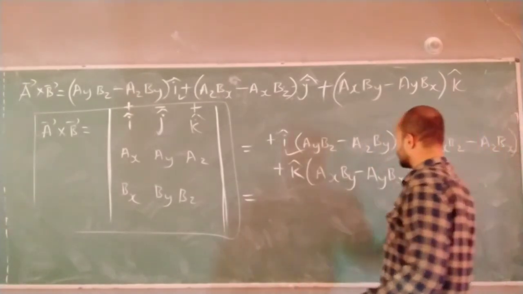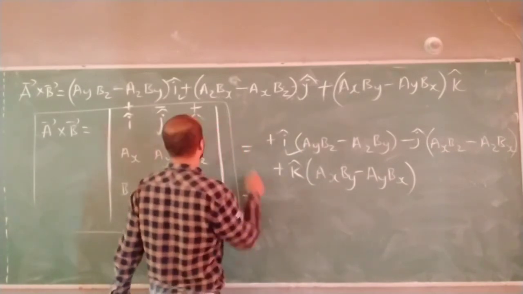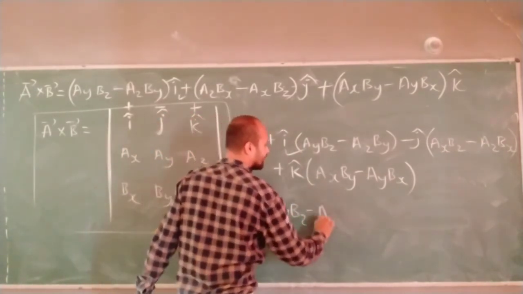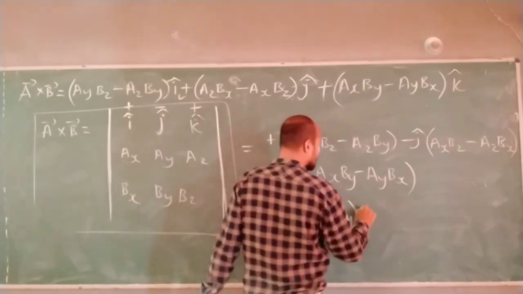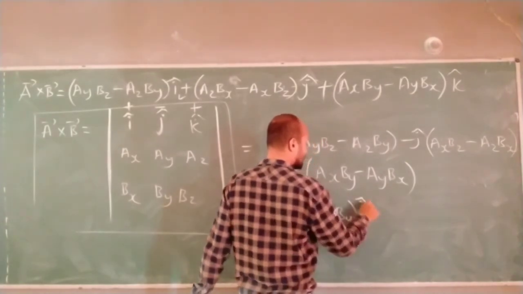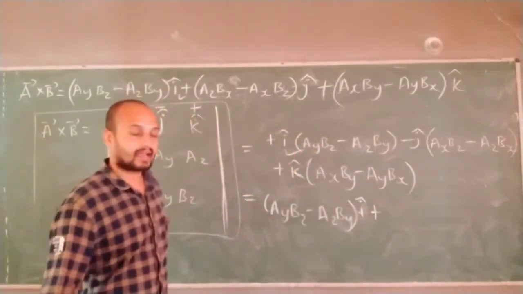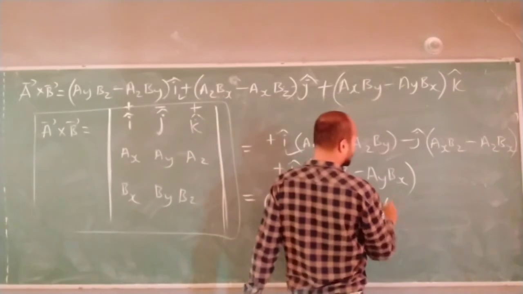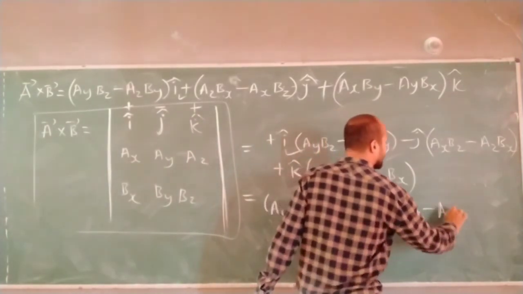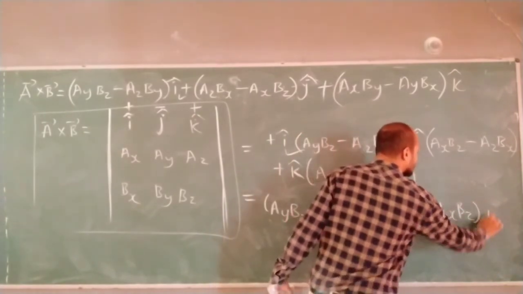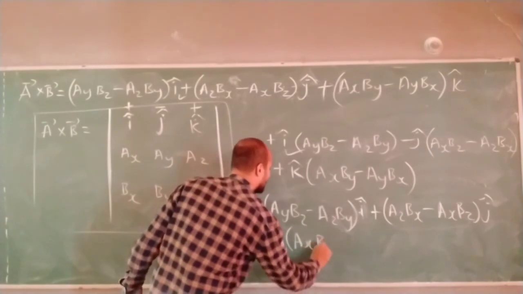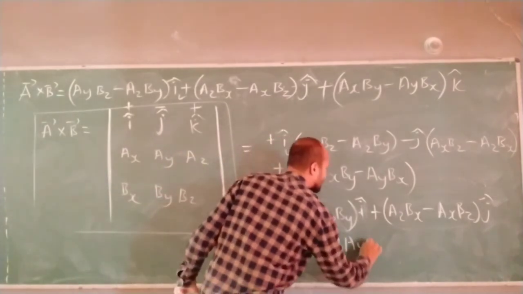So this will be equal to: ay into bz minus az into by, i cap, plus az into bx minus ax into bz, j cap, plus ax into by minus ay into bx.